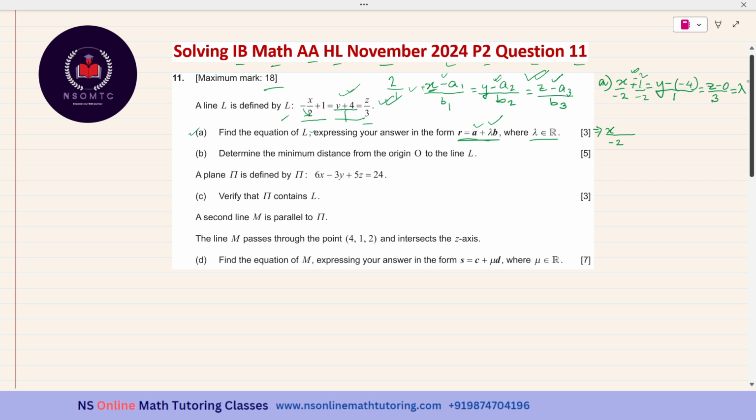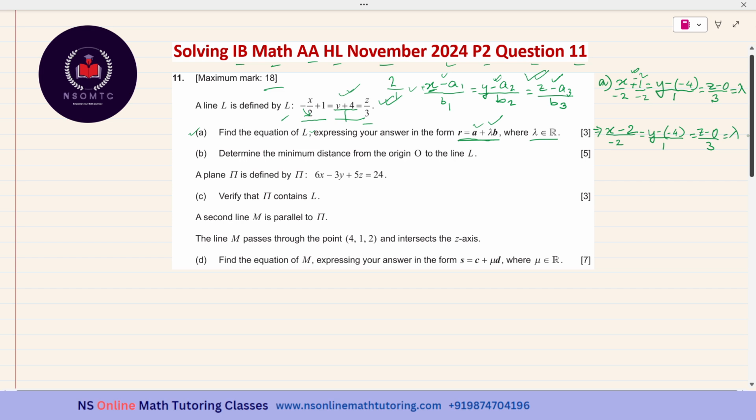So I can write this as x minus 2 over minus 2 equal to y minus minus 4 over 1 equal to z minus 0 over 3 equal to lambda. So this is the Cartesian equation.